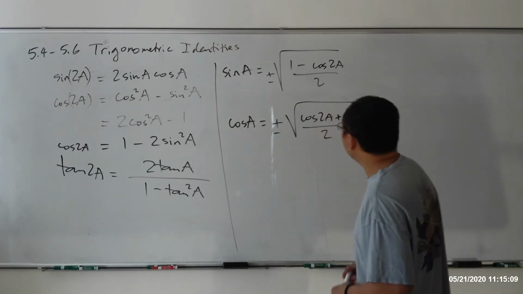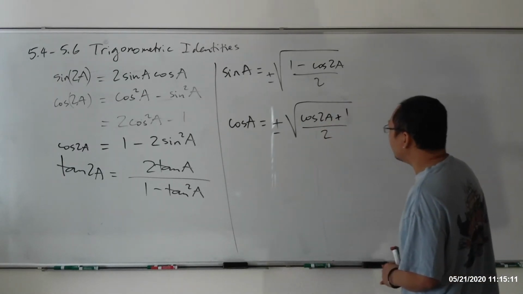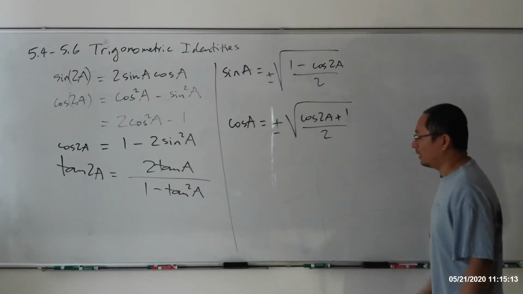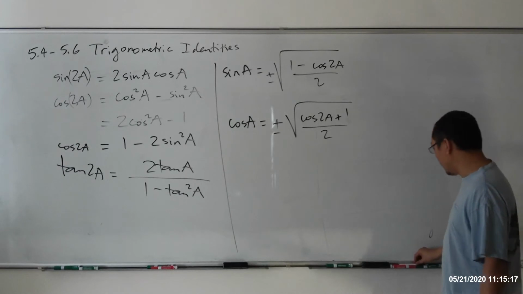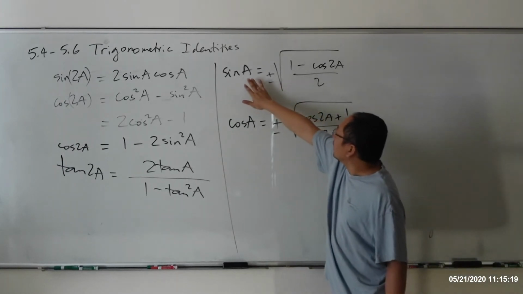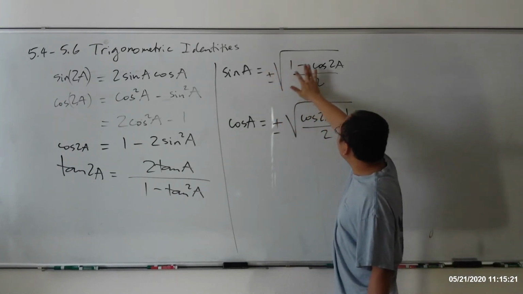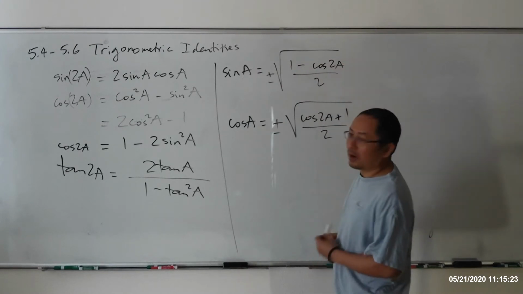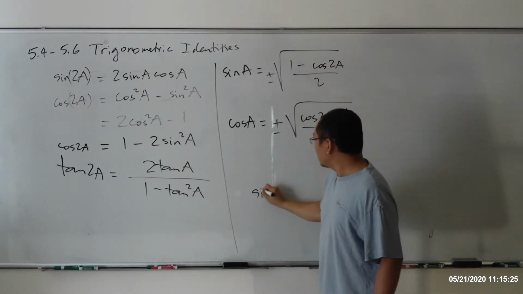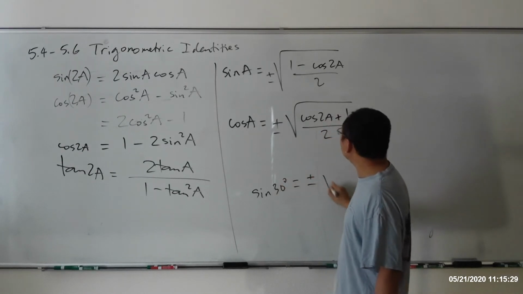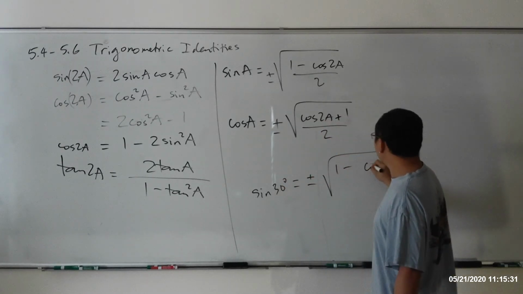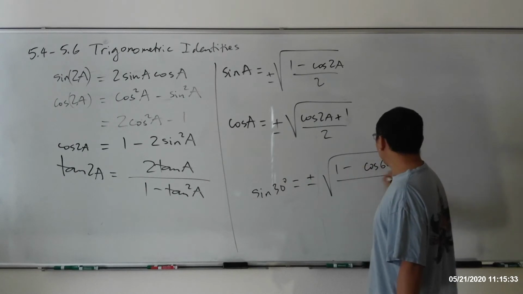Okay. And then for tangent, now it's a new one. But before we move on to tangent, let me rewrite the formula in the style that our textbook writes. So sine A equals plus or minus the square root of (1 minus cosine of 2A) over 2, right? So sine of 30 degrees is equal to plus or minus the square root of (1 minus cosine of 60 degrees) over 2.